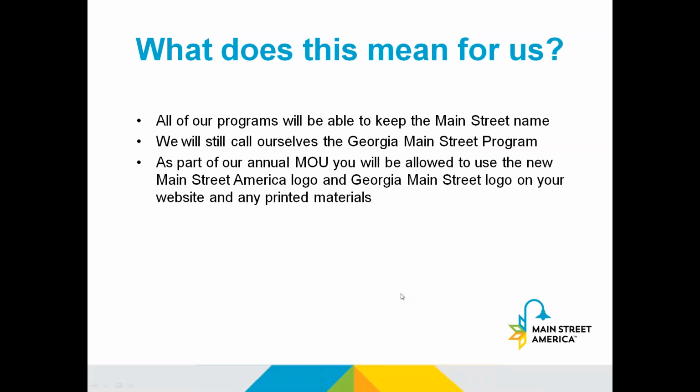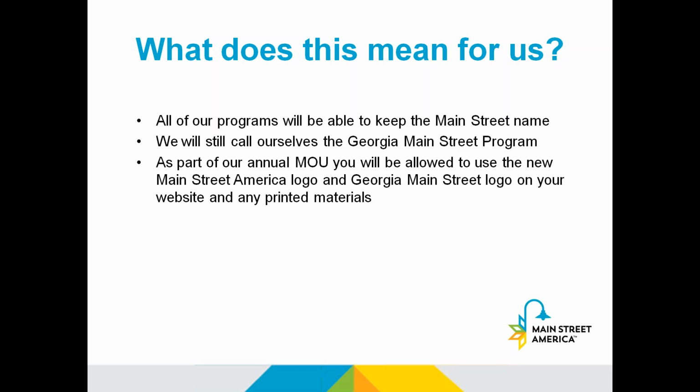So what does this mean for us? I know the biggest question that I've got is, do we have to change our name? No, you do not have to change your name. All of our programs will be able to keep using Main Street the way that they've been doing. If you are Griffin Main Street, you can still call yourself Griffin Main Street. If you are Blackshear Main Street program, you can still call yourself Blackshear Main Street program.